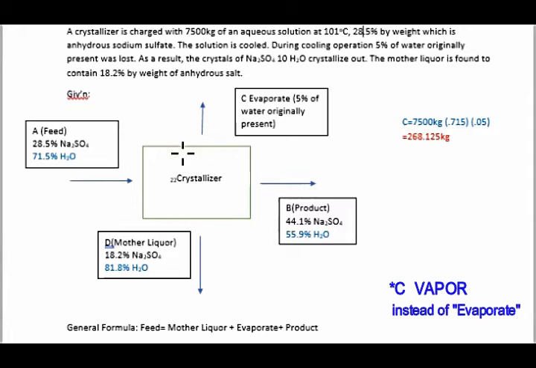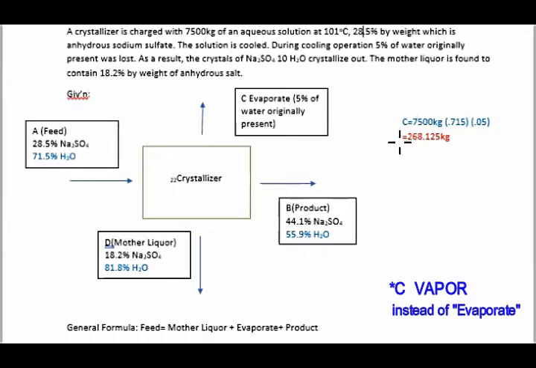The easiest for us to solve in this problem is to first solve the actual kilograms of the evaporate, since there is no sodium sulfate that goes out or evaporates on the evaporator. So it is mentioned that 5% of water is evaporated from the originally present water.